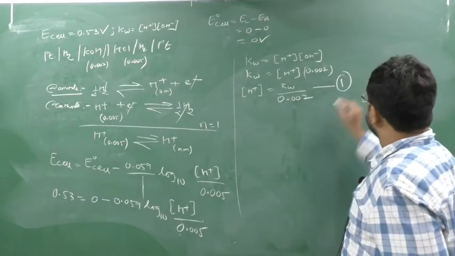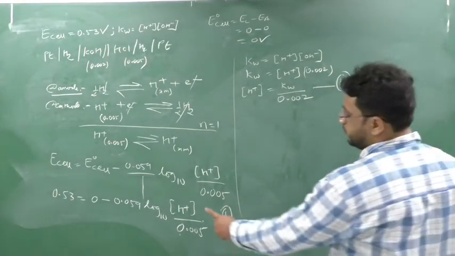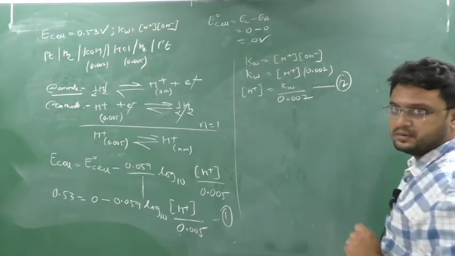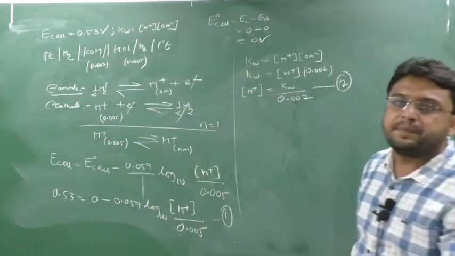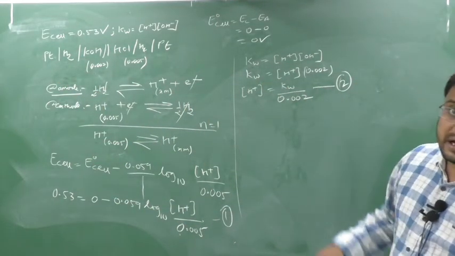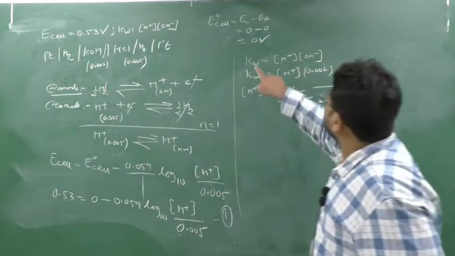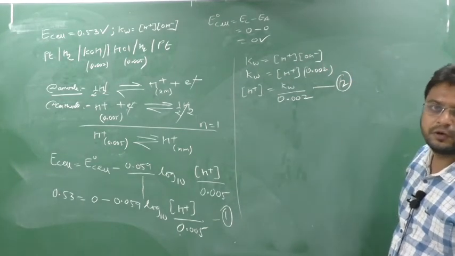This equation number 2 you put in equation number 1. So what have I done? I have taken Kw as H plus and OH minus. OH minus at the anodic part is known, 0.002, and H plus at the anodic part is unknown. So Kw equals H plus into OH minus, the ionic product of water.